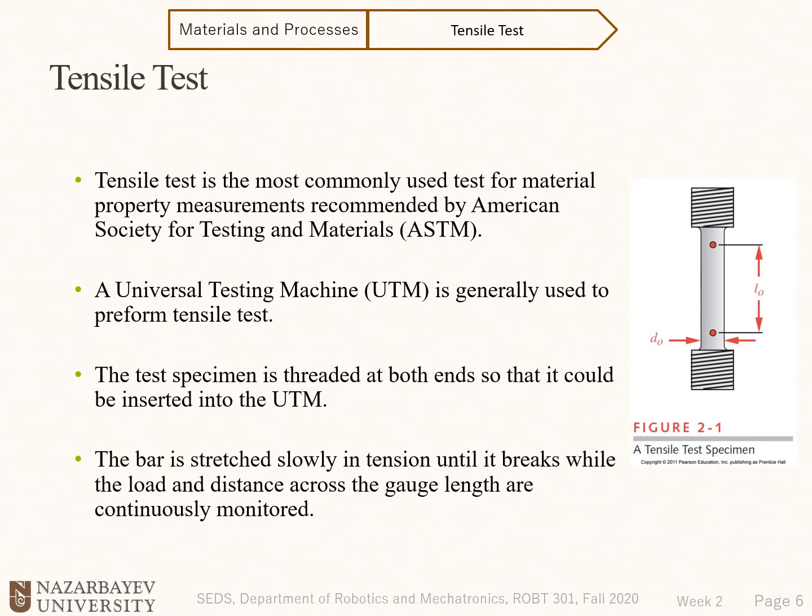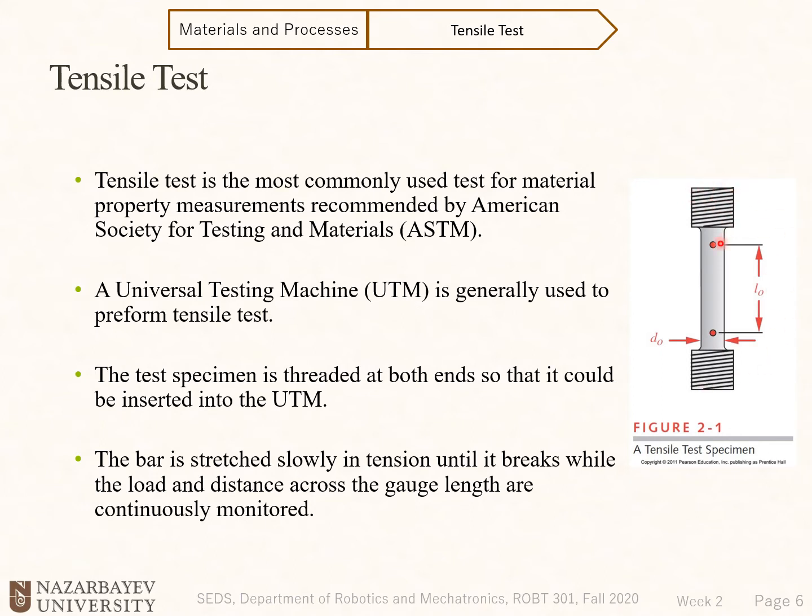The test specimen is threaded at both ends. You can see here on the picture that the test specimen is threaded.